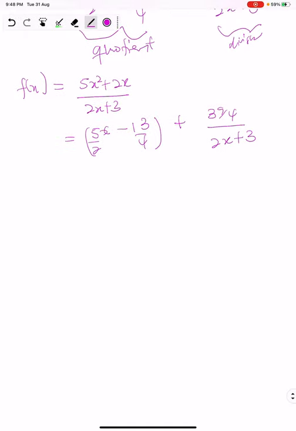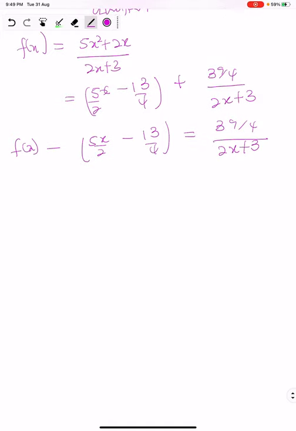All right, now I'll perform some operations. We take this quotient to the other side of the equality sign. So I'll have f of x minus (5x over 2 minus 13 over 4) equal to (39 over 4) divided by (2x plus 3). And so if I'm to find the limit as x approaches both positive infinity and negative infinity on the left hand side, I have to perform the same thing on the right hand side.